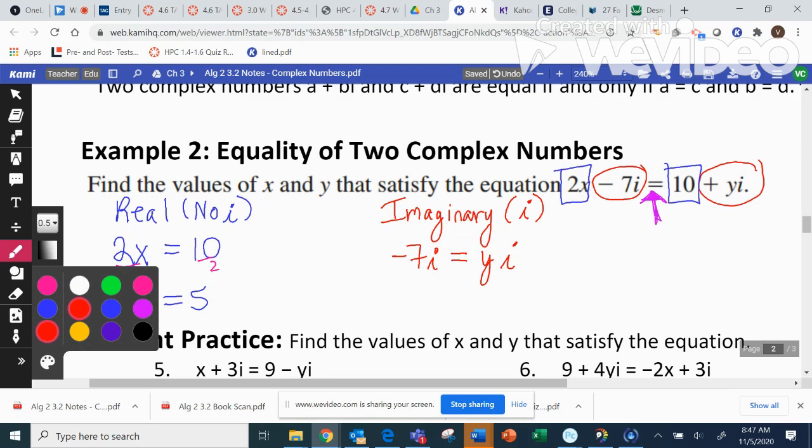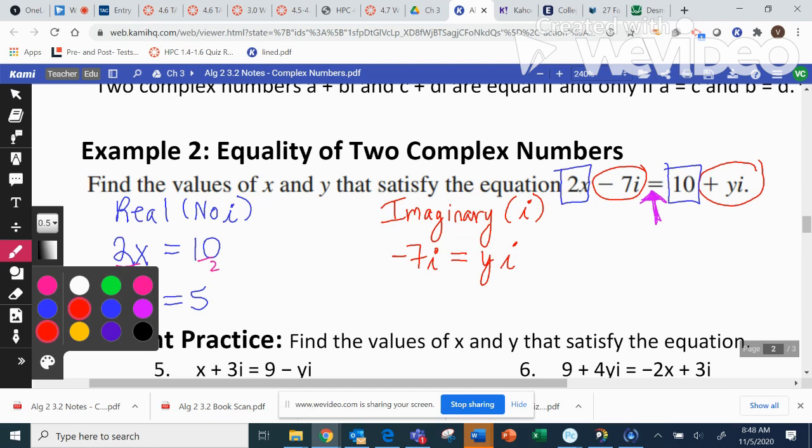Jacob, guess what I'm going to do over here? Why am I doing that? Okay, you kind of trailed off there. I couldn't hear the last thing you said. You are correct. I'm going to divide by i, but what I want is to get y by itself.